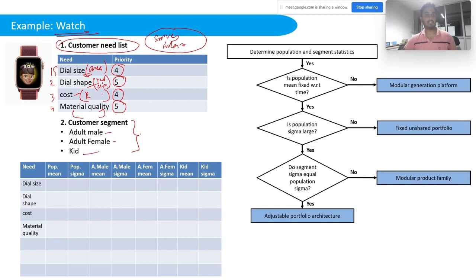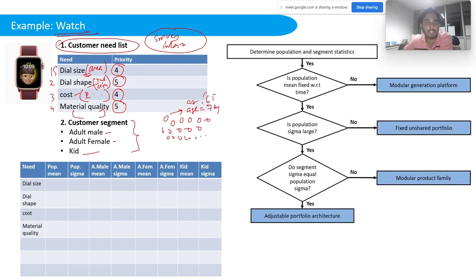So how do you capture this? When you generally do a customer survey, initially you take all the inputs from various people. Later, based on certain parameters, for example you consider age a parameter, while taking the survey you ask, please tell me your age also. Someone said age is 7, someone said age is 65.